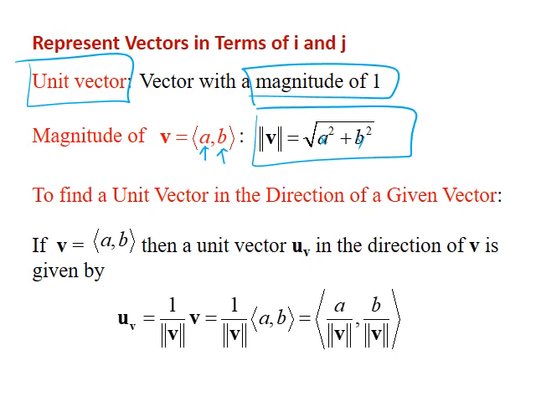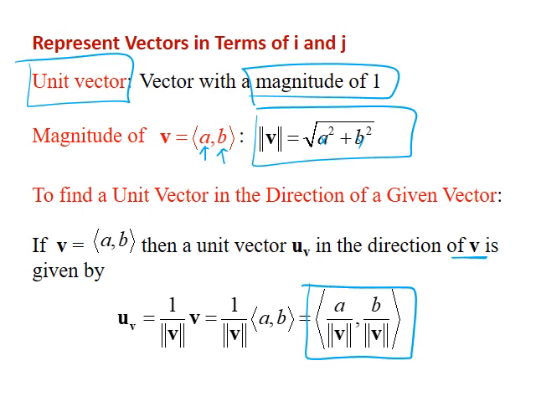Now, sometimes we want to find a unit vector in the direction of a given vector. So if that is the case, so if vector V, if we want to give this vector in the direction of V, I will use this here.